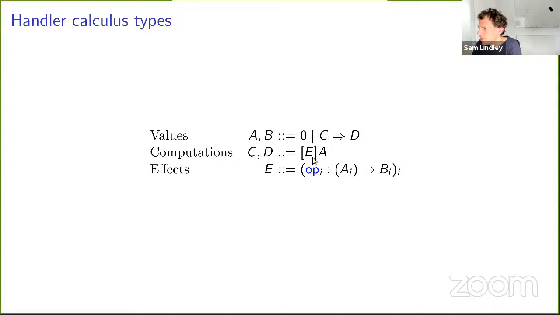What is a computation? It returns a value of type A whilst having some effect E. And then an effect is just a collection of operations and their signatures. And my signatures are n-ary. So they can take n arguments and then return some return value.